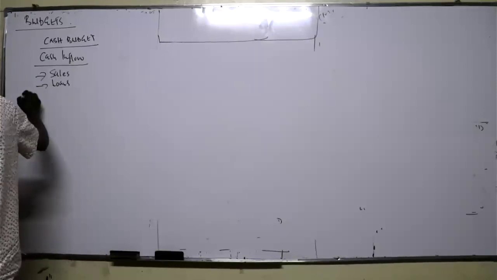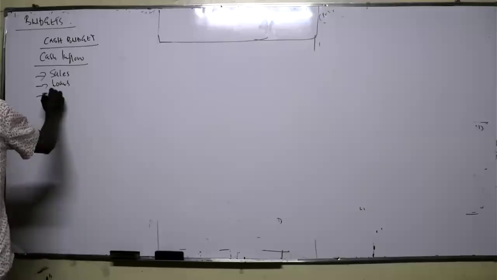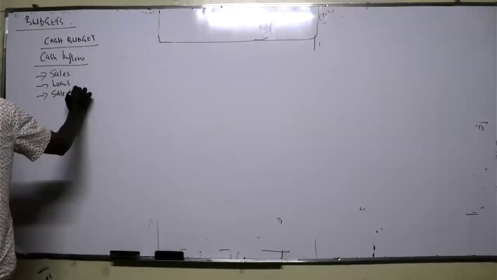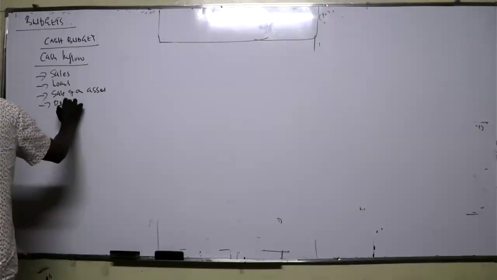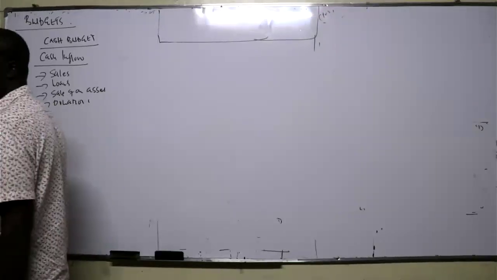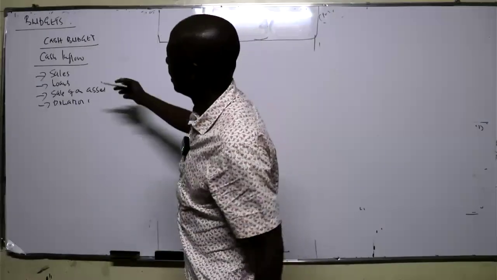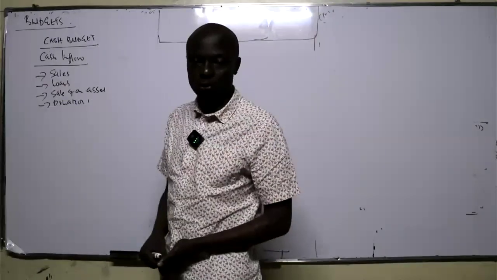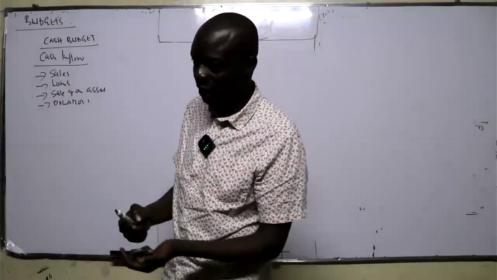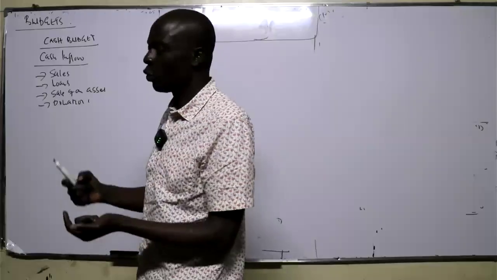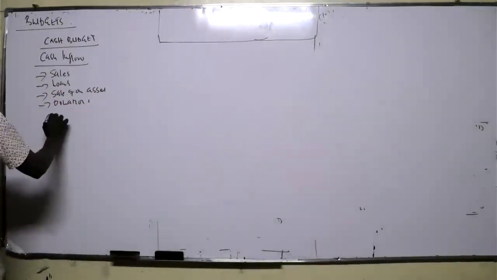That is the sources of inflows. They can also get from sale of an asset, or donations. So they are showing you from the budget period that this is how we're going to get our cash inflows. From sales this much, from loans we anticipate to get this much. We are going to sell an asset at this particular point. So those are the inflows. Then we have outflows.